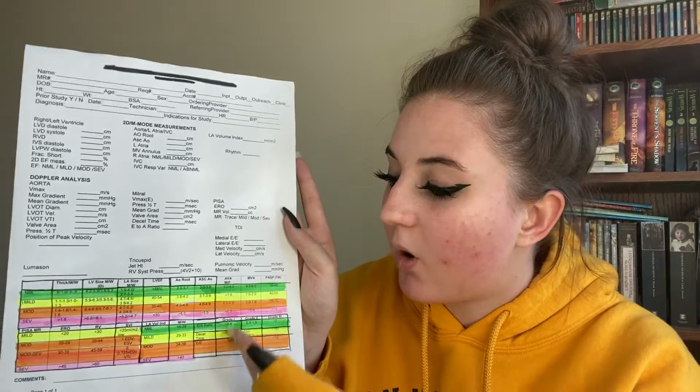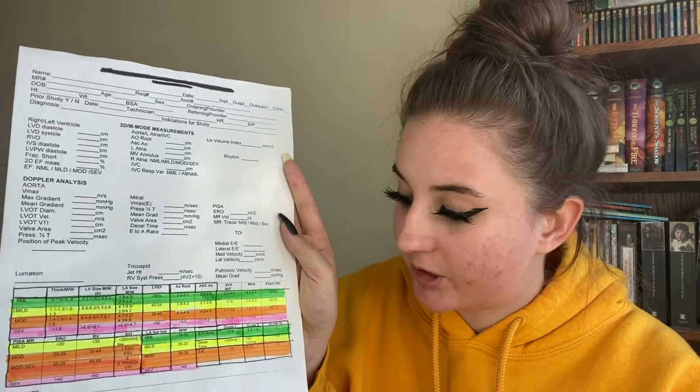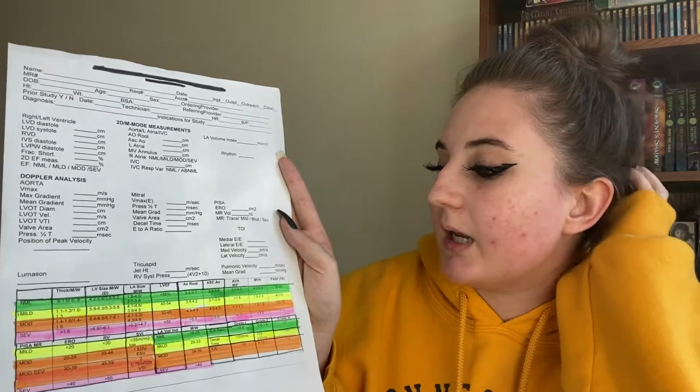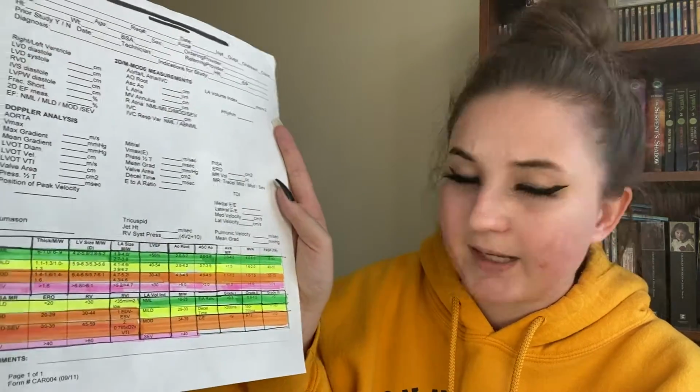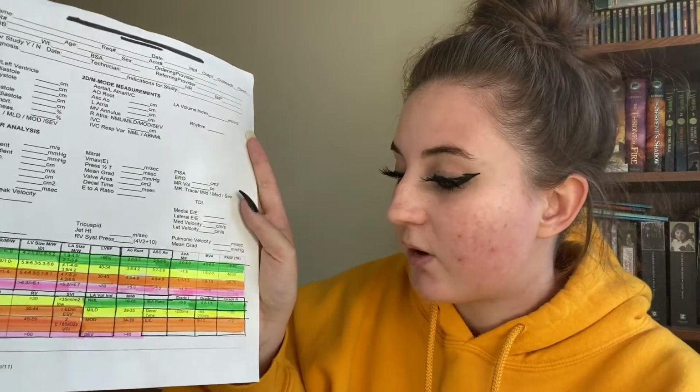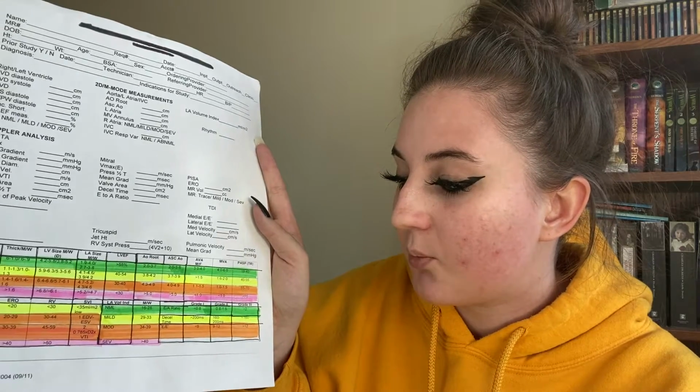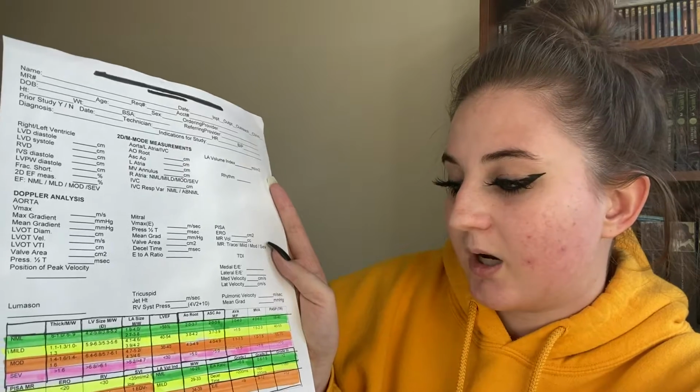For grade 1 diastolic dysfunction, you need an E to A ratio of less than 0.8, a decel time of greater than 200 milliseconds, sorry, not meters, and an E to E prime of less than 9 as well.